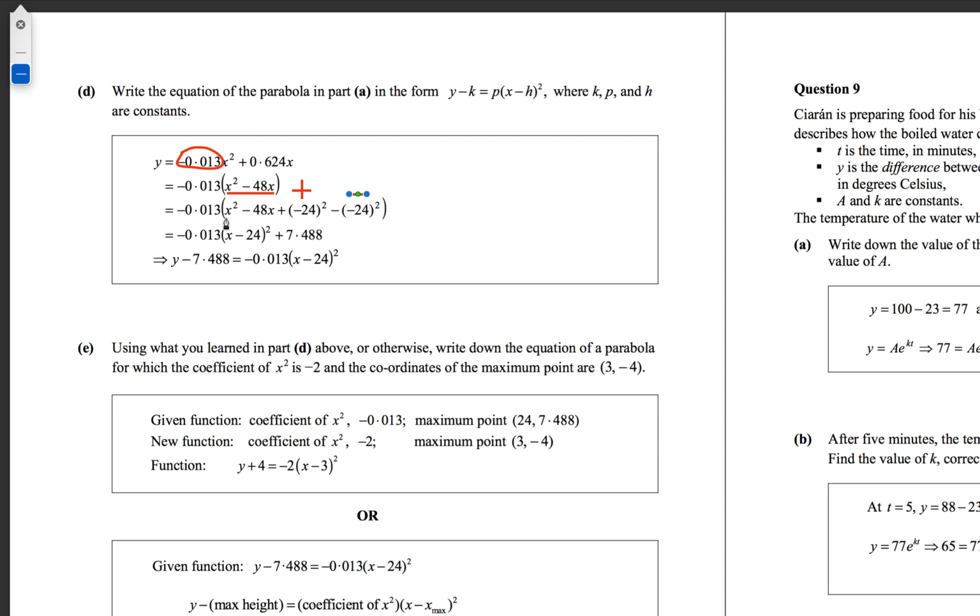So now we use the x squared term, the x term, and the added term, the half squared coefficient, and we factorize these three. So we group these three together and factorize them.